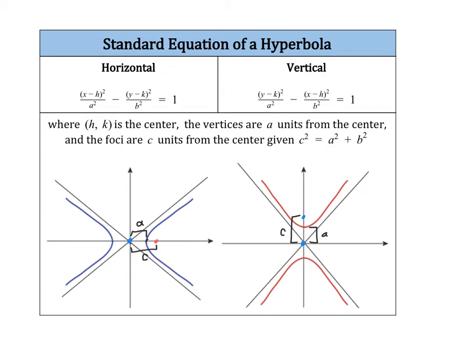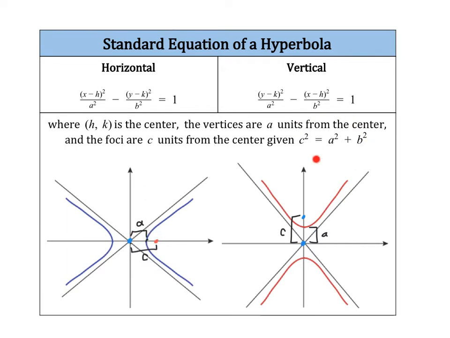B is going to come into play when we talk about the asymptotes of our hyperbola. Hyperbolas actually have asymptotes, and we will talk about those equations in a minute. And then C is going to be the distance from the center to the foci. Of course, those are going to fall in the same direction as essentially your major axis, the same way that your A value moves.